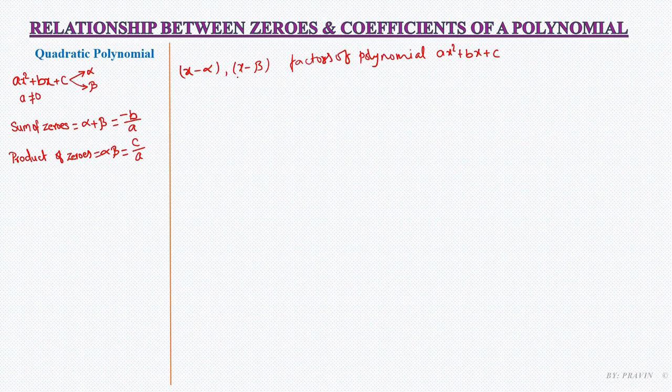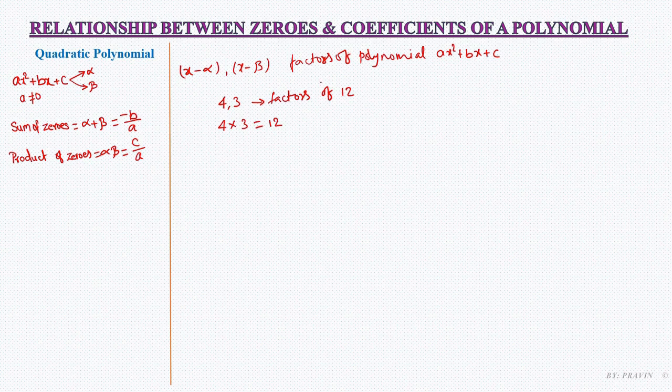Since x - alpha and x - beta are factors of the given polynomial, you can also say that the product of these two will give you the polynomial. Why am I saying this? Say 4 and 3 are factors of 12. So you can take the product of these two and write it equal to 12.